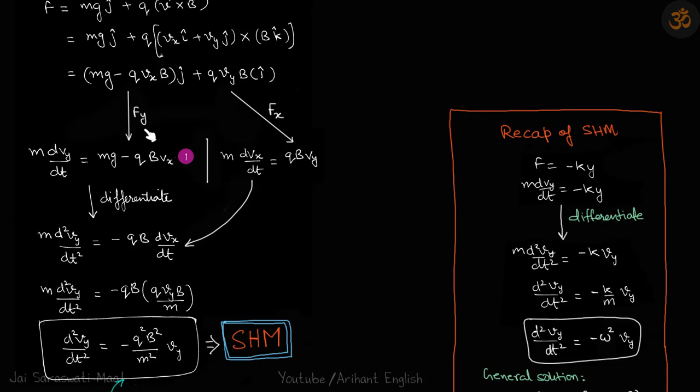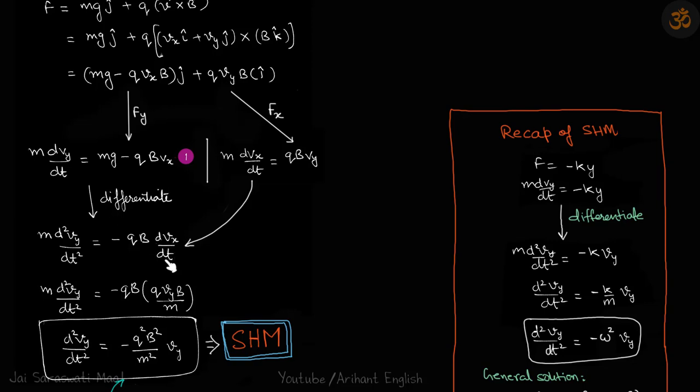So let's write force in y direction as m dvy by dt is equal to this thing and m dvx by dt is equal to this thing. Now let's differentiate this first equation. We will get m d2vy by dt square is equal to, this will become 0 because it's constant, minus qB dvx by dt.